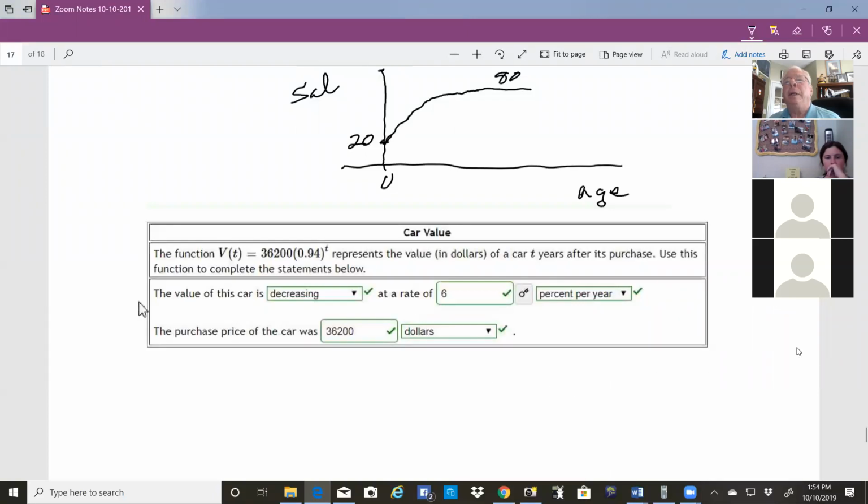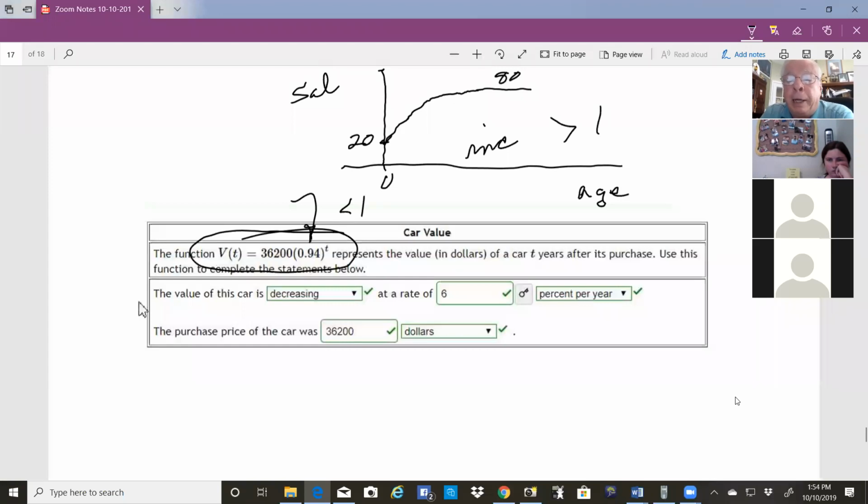Now, this is the same kind of problem, except you're given the equation. And this is the value of a vehicle versus time, where T is years. How would you interpret this? You would say the value of the car is decreasing. Why is it decreasing? Because this factor is less than 1. It would be increasing if it was more than 1.